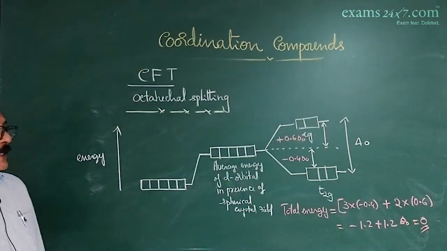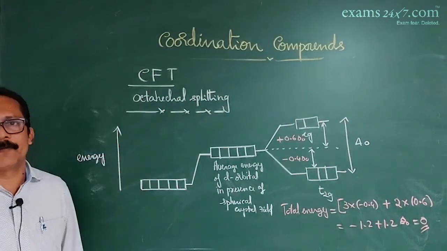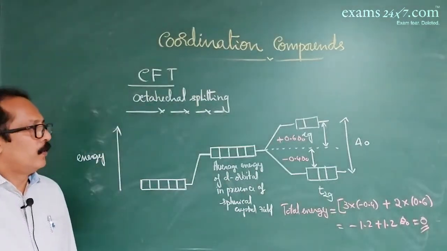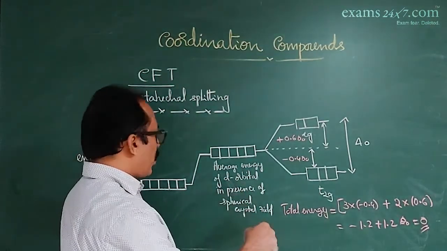That is the total energy in the T2G and EG levels when the orbitals are completely filled. So this is about octahedral splitting.